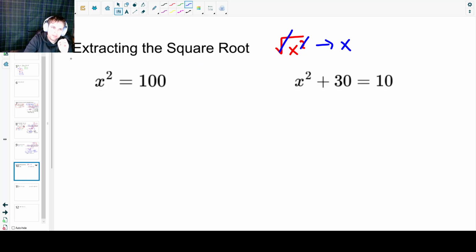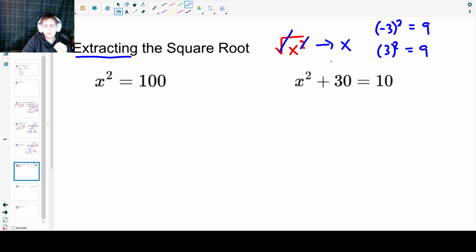Now, the reason it's called extracting, or at least the way that I like to think about it, is that when you square something, it doesn't matter whether that number is negative or positive, we get the same answer. And what I mean by that is negative 3 squared is 9, and positive 3 squared is 9. So the square root operation usually would only give us a positive answer.